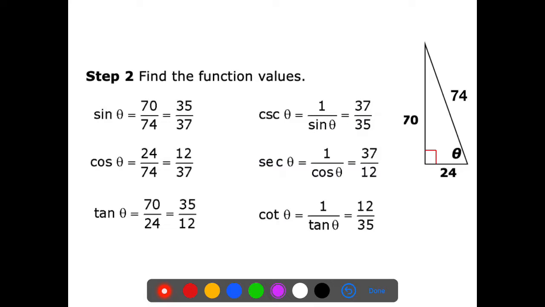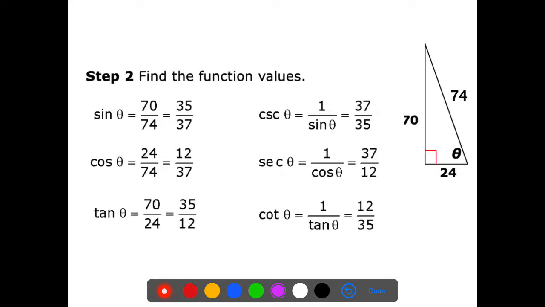Step 2, find the function values. So for your sine, that is your opposite over your hypotenuse, which is 70 over 74, which gives you 35 over 37 when you simplify it. Cosine gives you 12 over 37, and tangent gives you 35 over 12.